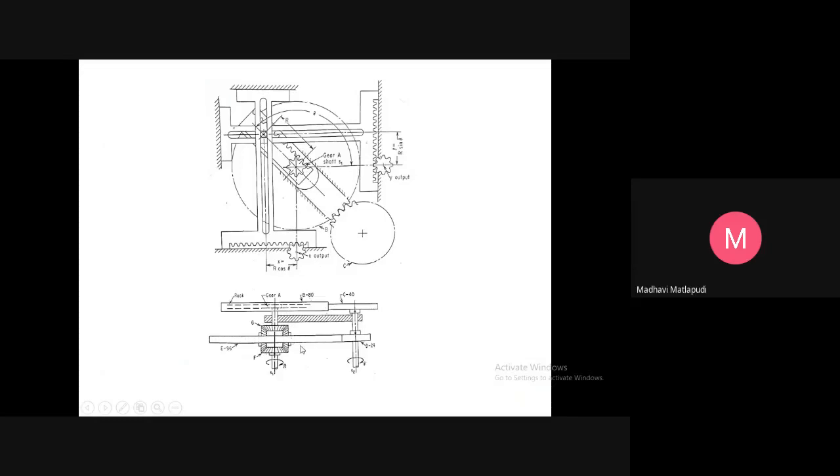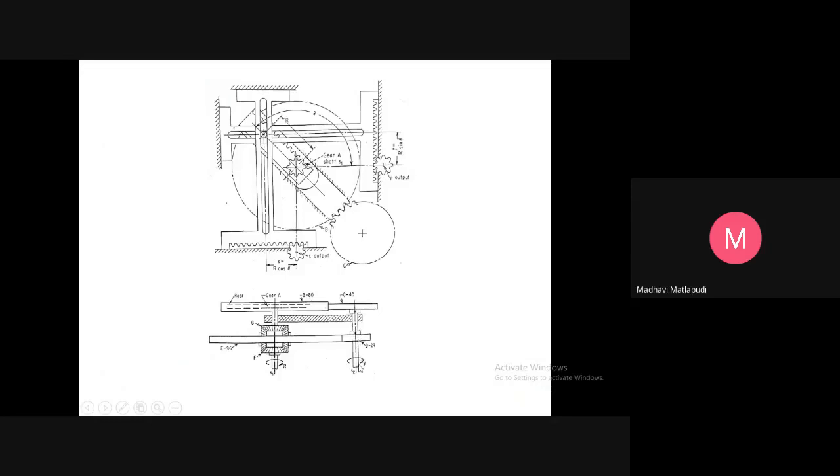Now let us understand the mechanism in two parts. First one is, let shaft S1 be fixed and shaft S2 is turned. When shaft S2 is turned, gear B is driven by gear C. Look at this figure. The gear B is driven by gear C. The gear C in turn is held on shaft S2.